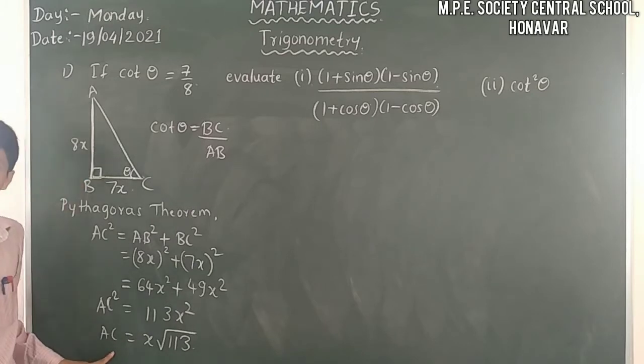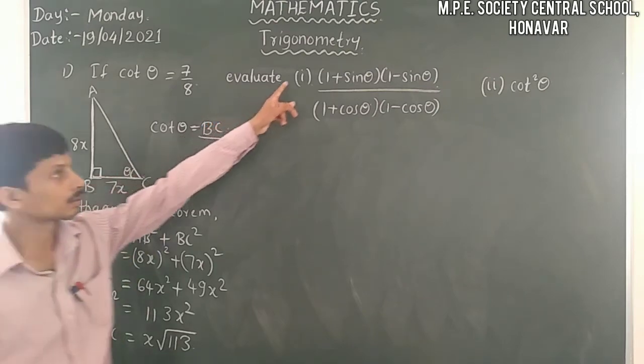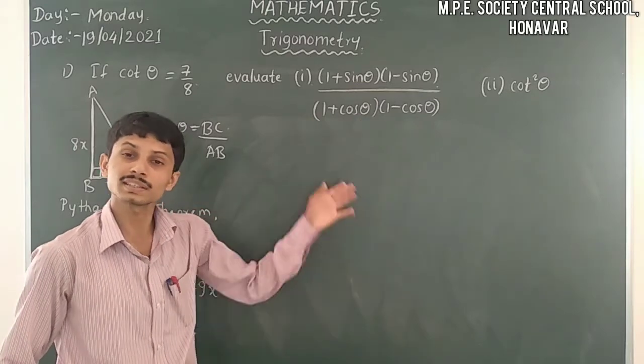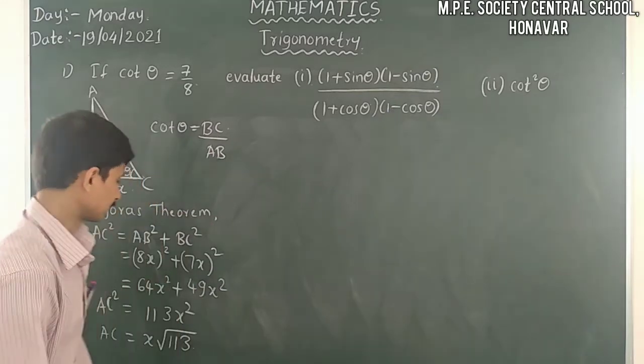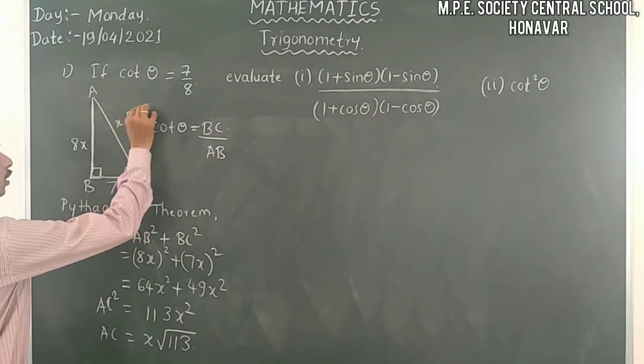Here we got the value of AC, so using that we can find the terms (1 plus sin theta) into (1 minus sin theta) and (1 plus cos theta) into (1 minus cos theta). When we have the values of sin theta and cos theta, we can substitute easily. Here we got the hypotenuse, that is x into square root of 113.